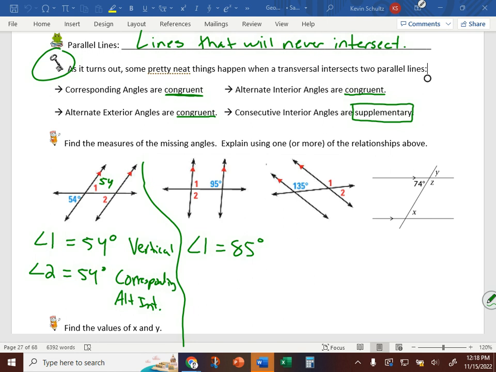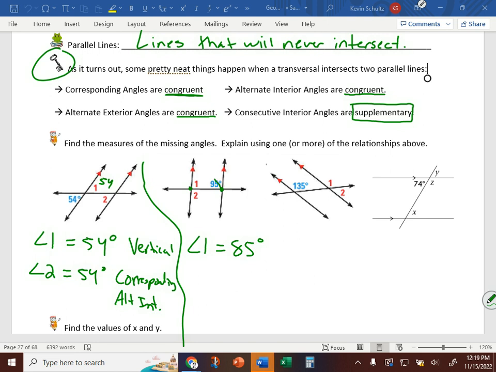So remember I talked about the two that are going to be tricky are the corresponding angles and the consecutive interior angles, because they look similar. The difference is that this angle 1 and this given angle 95 are not in the same location at the vertex. 95 is in the upper left section, angle 1 is in the upper right section. That's not the same. If you look at each vertex, 95 is the upper left section of that vertex.